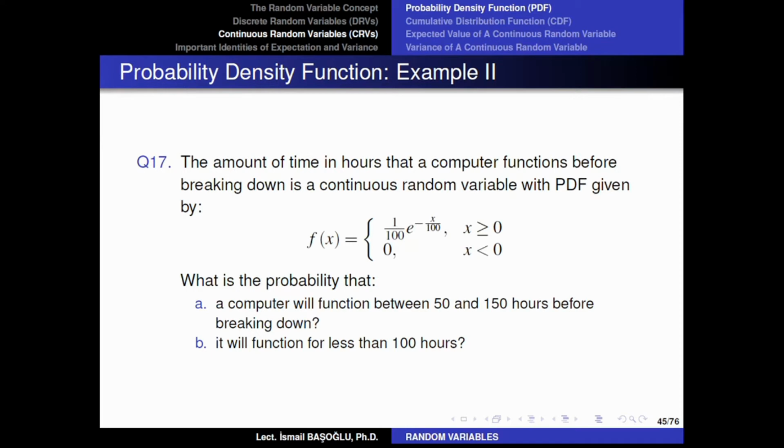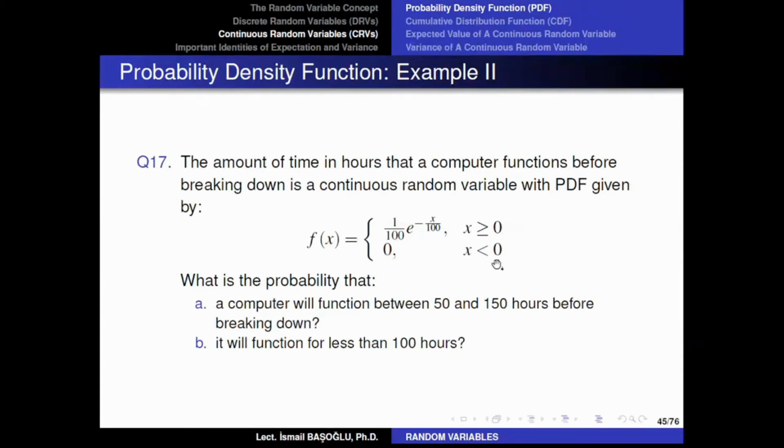So you do not exactly know when the computer is going to break down. And that random amount of time has the probability density function given in this form. As you can see, the probability density function is defined positively for x values which are greater than or equal to 0, which means the amount of time that a computer is going to work until the first breakdown is taking non-negative real values.